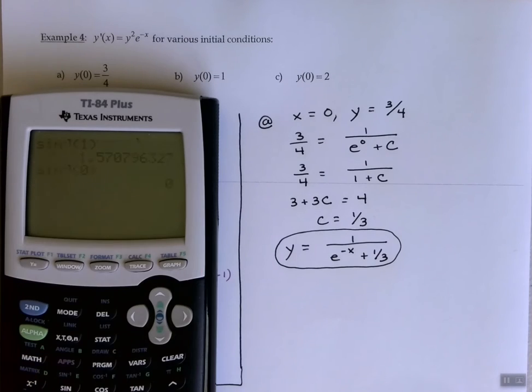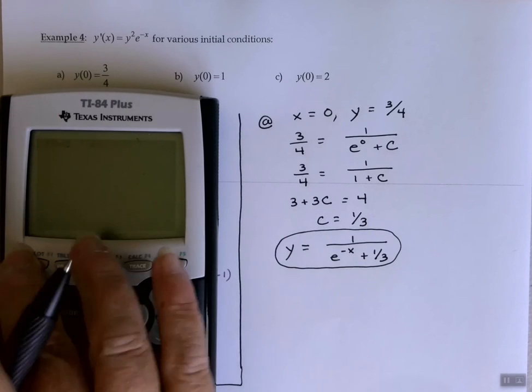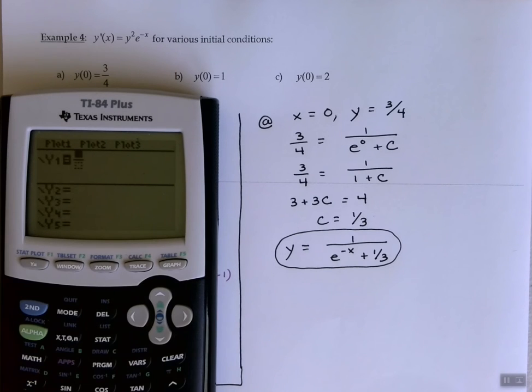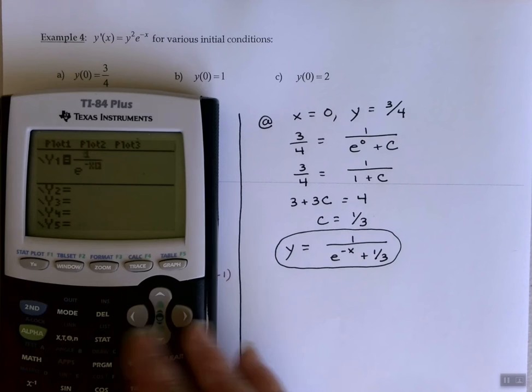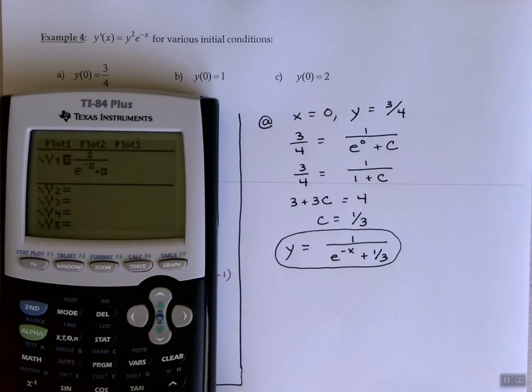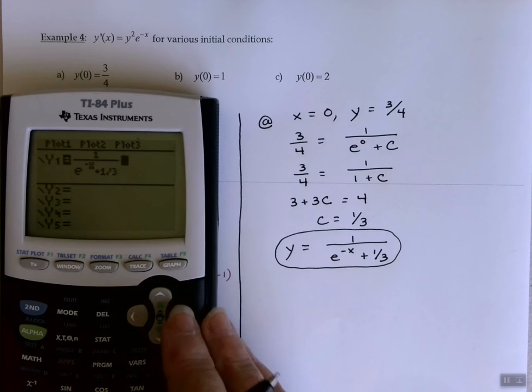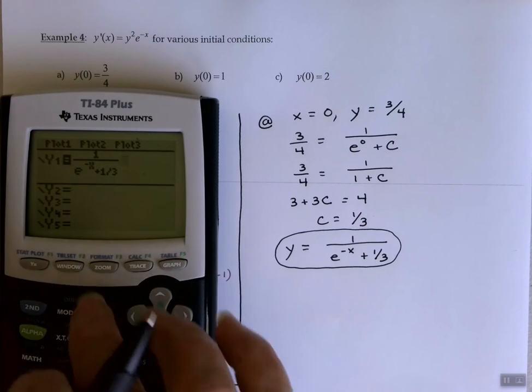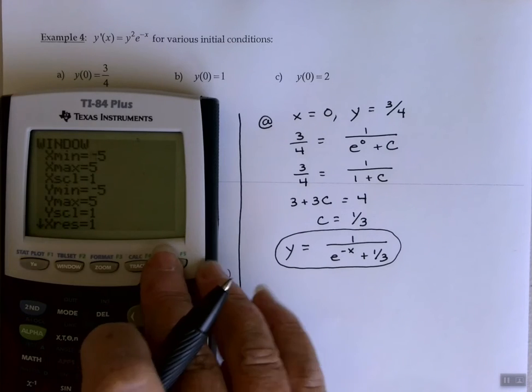Let's take a look at what that looks like graphically. And let's see, I don't think I need too big. Let's go negative 5 to 5 again. That's what I've got in there. That should be fine.